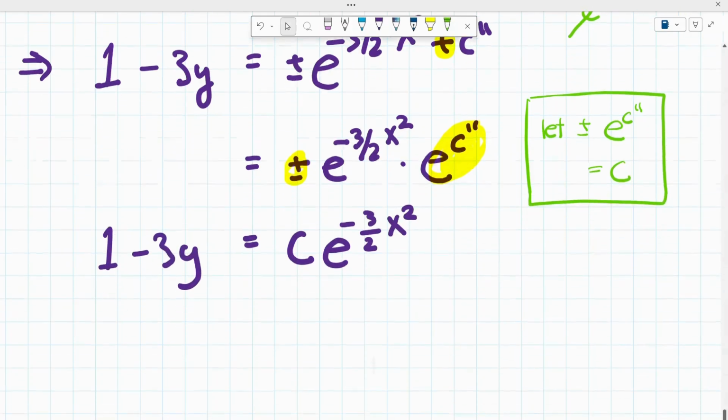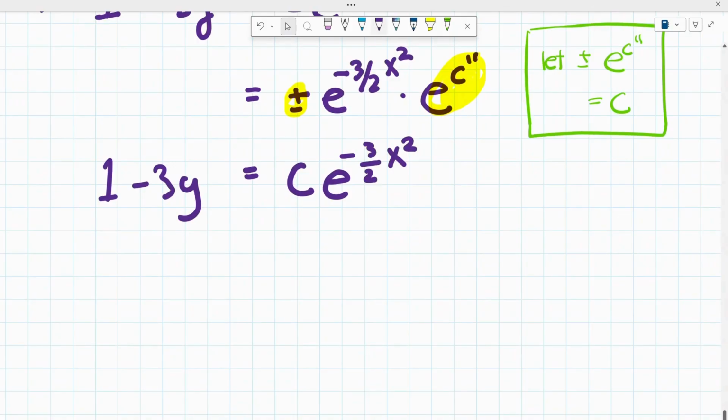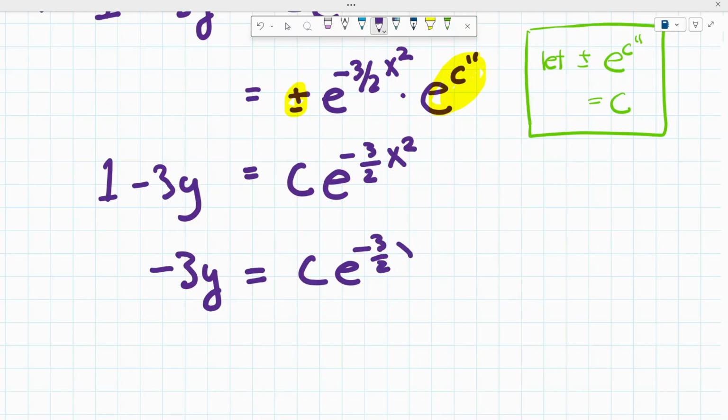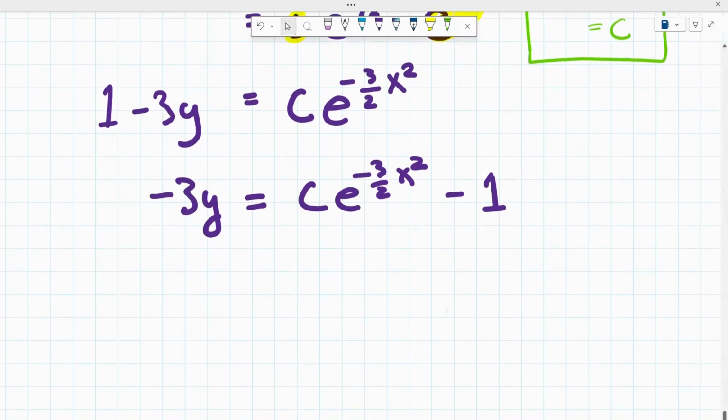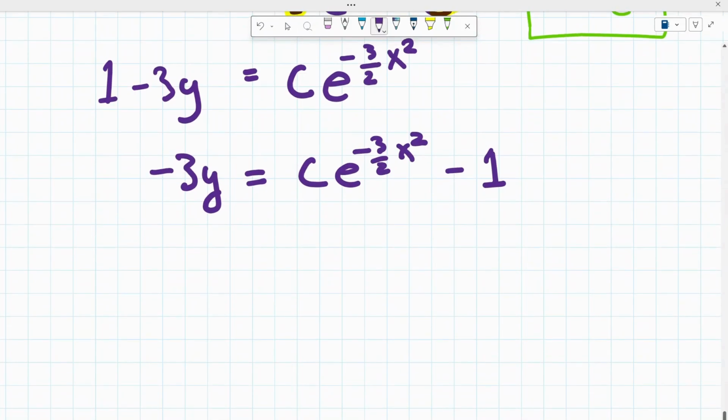We're getting closer. We still need to isolate for y, so let's get rid of the 1. We have negative 3y equals c e to the negative 3 over 2 x squared minus 1, because we put it over to the other side. Now all we have to do is divide both sides of our equation by negative 3.